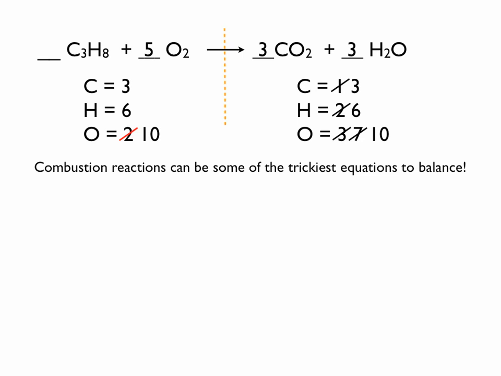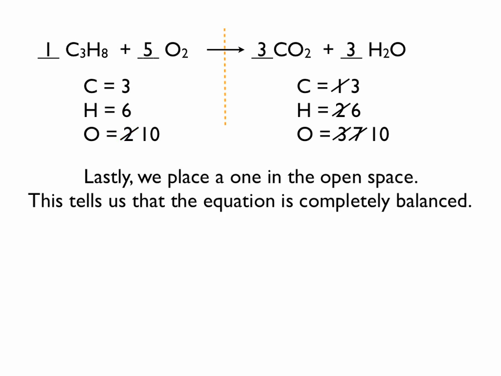If this was C4H10, this would be a little bit more challenging to balance. The last thing that we do is we put a 1 in front of the propane, in front of the C3H8. This gives us some eye candy that lets us know that this equation is completely balanced, that we have a coefficient in every open position, and that means that we're done.